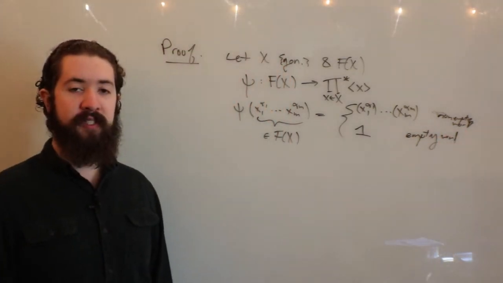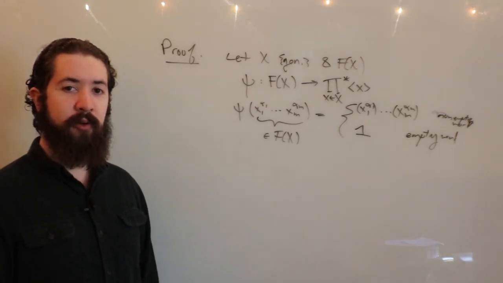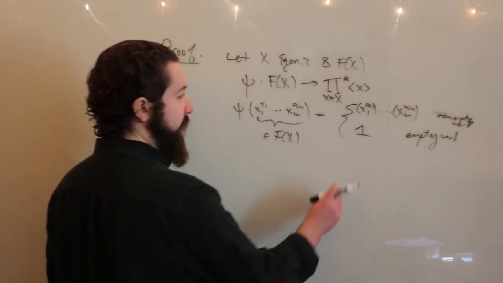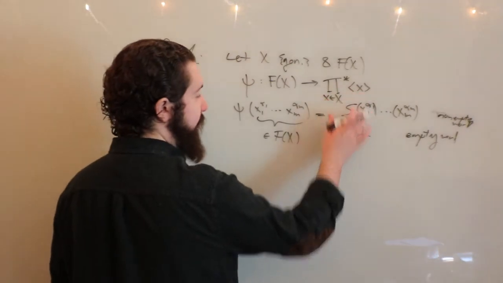So first order of business is going to be showing that this is a well-defined mapping. Well, showing that this is a well-defined mapping just amounts to showing that this output is always a reduced word in the free product, right?